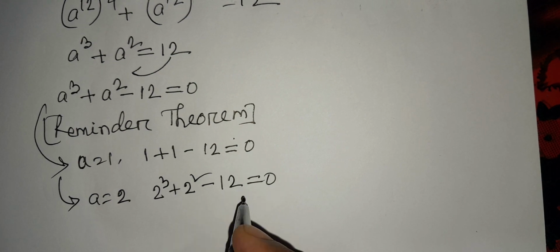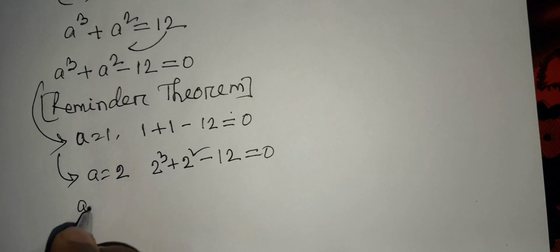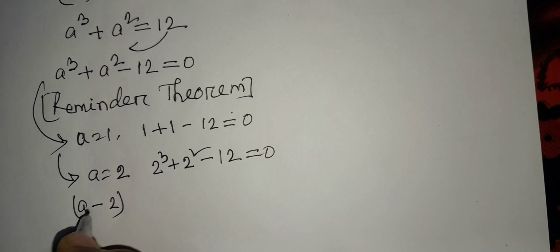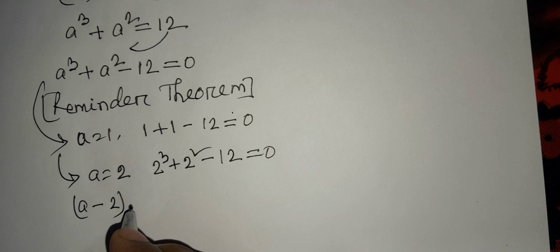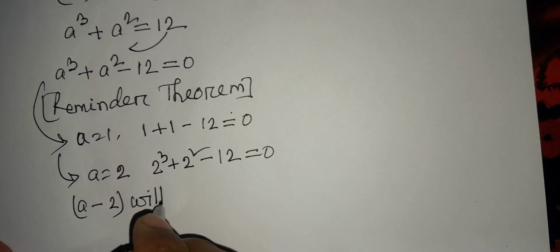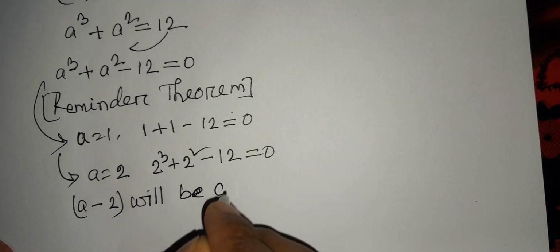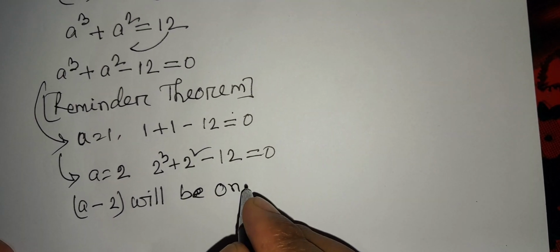That means 12 minus 12 is equal to 0. So a minus 2 will be one factor.